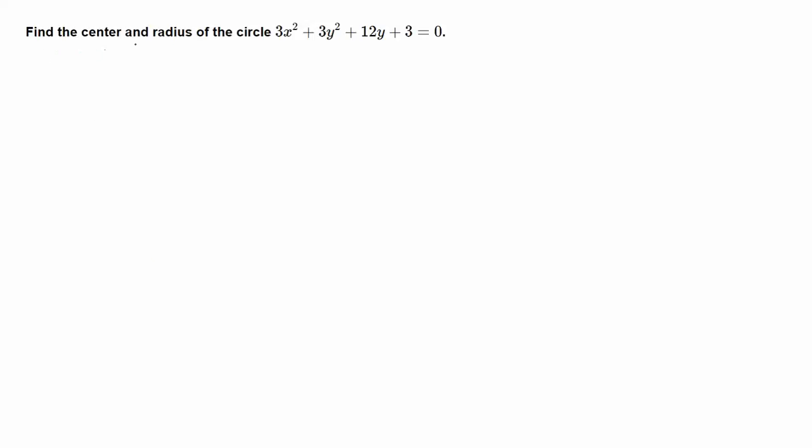Find the center and radius of the circle 3x squared plus 3y squared plus 12y plus 3 equals 0. Note that the standard form of a circle is (x minus h) quantity squared plus (y minus k) quantity squared is equal to r squared.